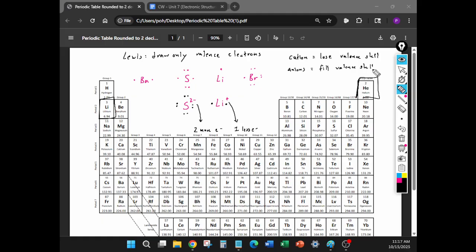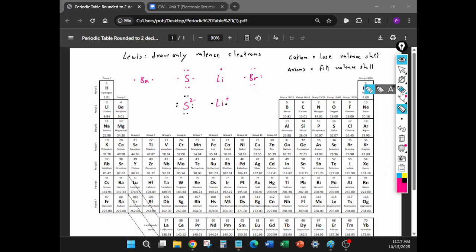Okay, and this is actually the reason why we have the most common ion pattern we talked about. It's because it makes them similar to their noble gases, the noble gas closest to them, and that's going to allow them to have a more stable outer shell. Okay, and so that's pretty much how you do Lewis structures. That's about as tricky as it's going to get. The tricky ones are the cations.